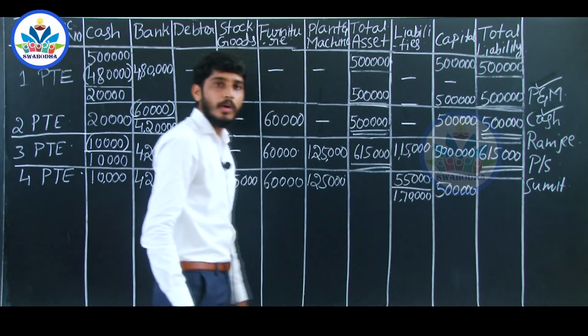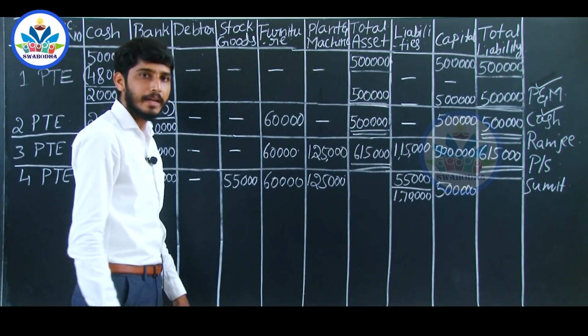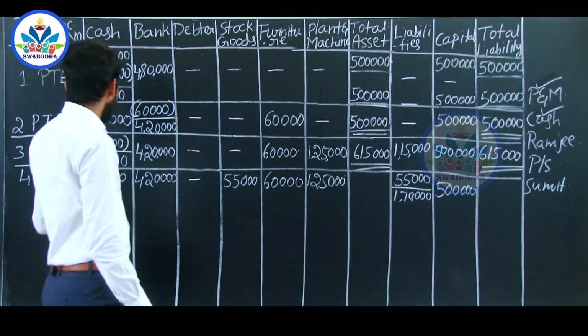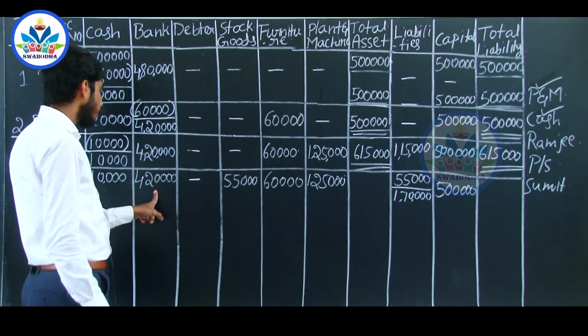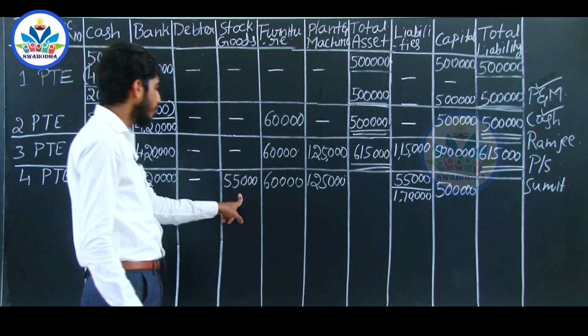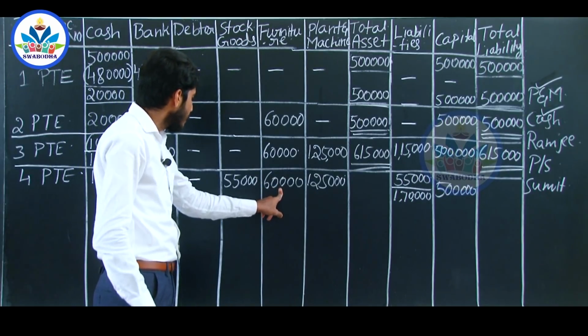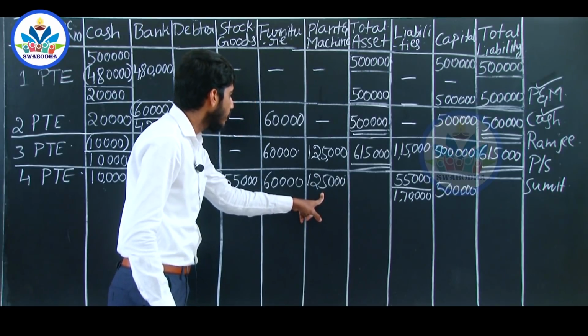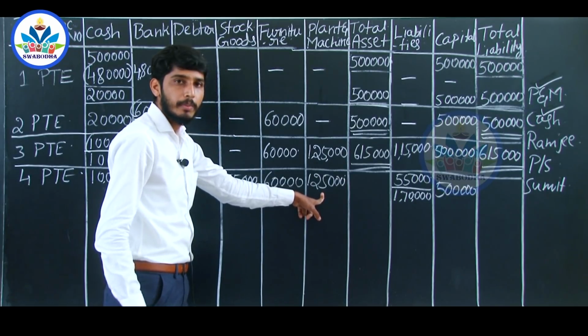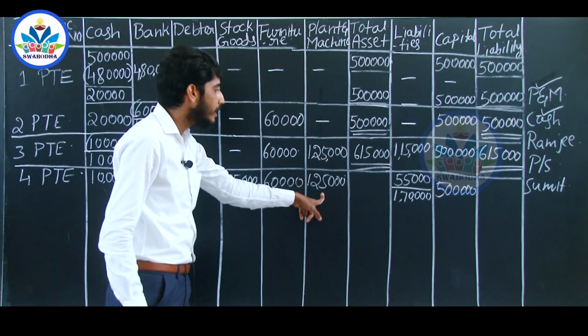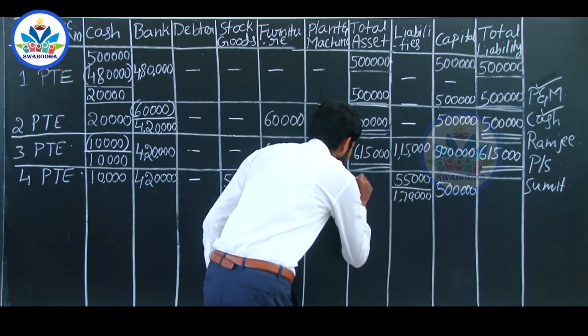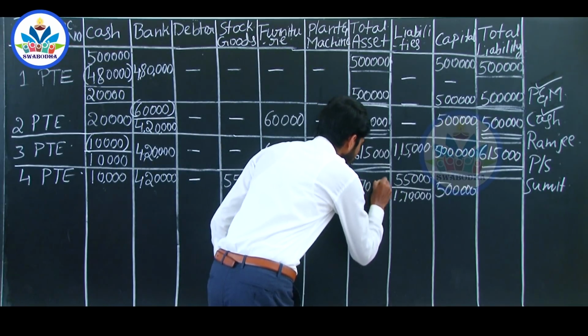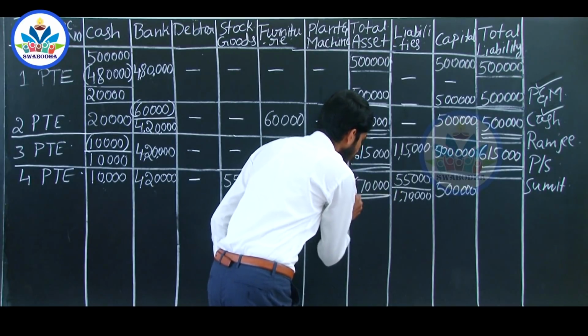Now, you have to add the total of liabilities and asset side. 10,000 plus 4,20,000 plus 55,000 plus 60,000 plus 1,25,000. So, the total will be 6,70,000. Total of asset is 6,70,000.